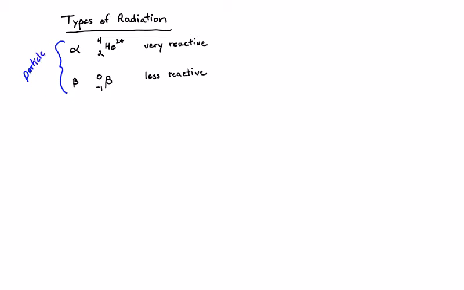So that sets them apart from gamma radiation, which is actually just energy, just light. But it's very high energy light. And the way that we symbolize this is with the Greek letter lambda, with an atomic number of 0 and a mass number of 0, because we know light doesn't have any charge or any mass.